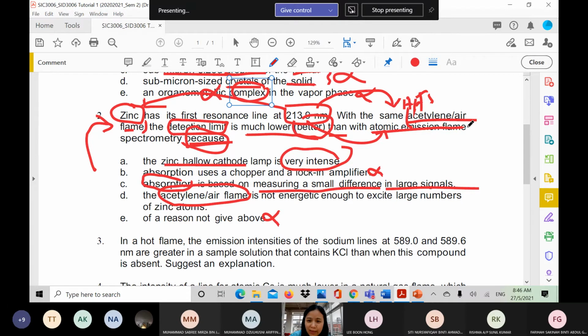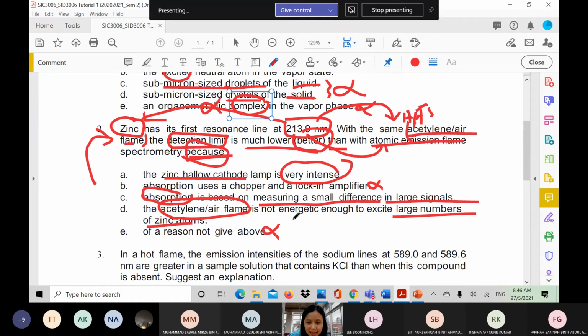So that's why you cannot detect sensitively using AES, because of the low temperature of this flame. The acetylene air flame is not energetic enough to excite a large number of zinc atoms. If it cannot excite, your signal is not good. At low concentration, you get a low signal, meaning this technique is not as elegant as flame AAS.